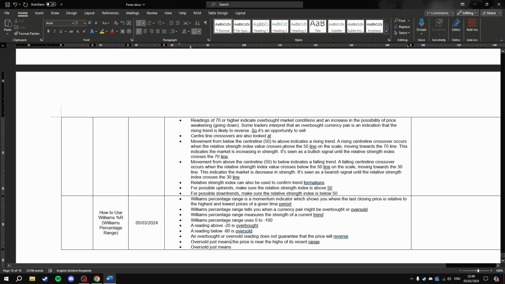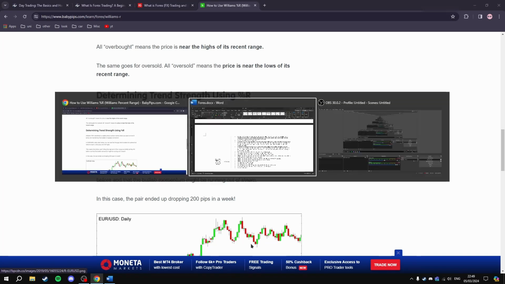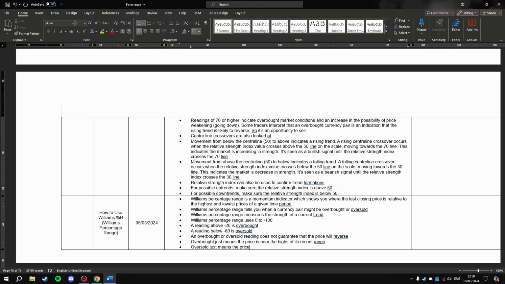Wait, this is overbought, not oversold. Oversold just means the price is near the lows of its recent range.